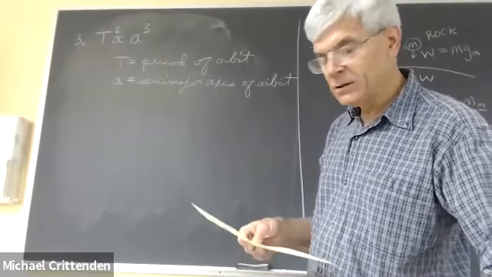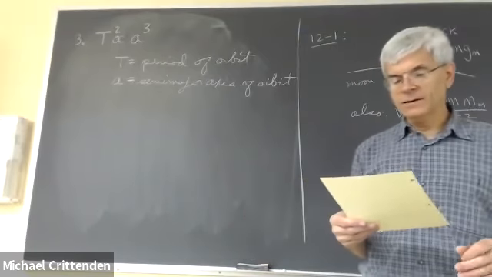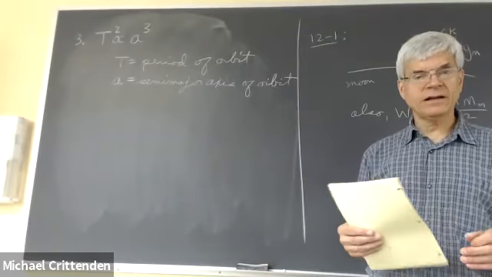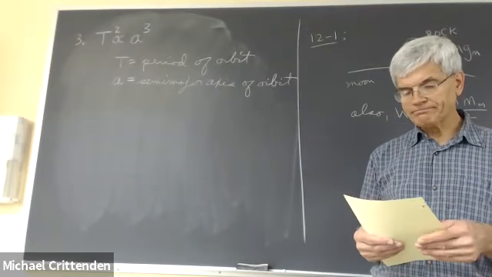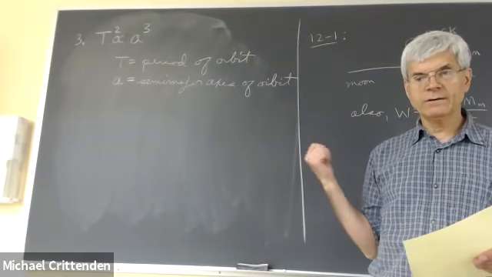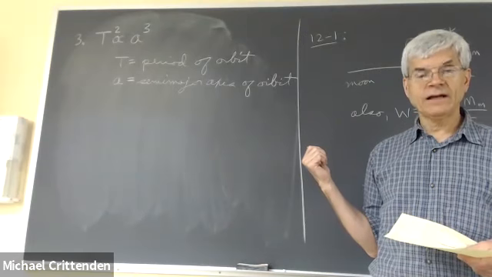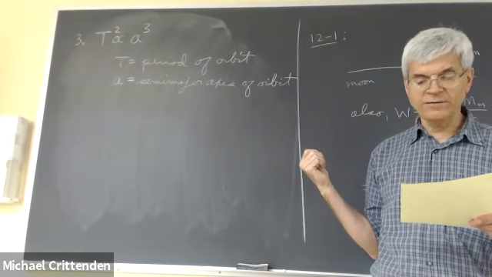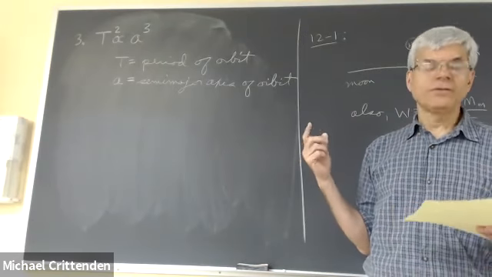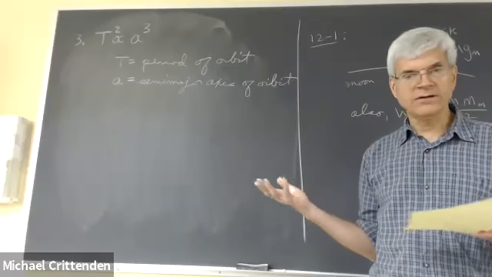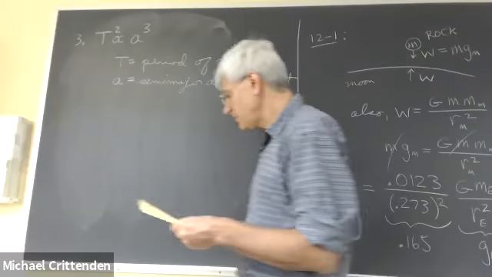I'm not going to go into a great deal of detail, but just to give you an idea, I'm going to write out how to derive Kepler's third law. It's only a few lines, if you assume the special case of a perfectly circular orbit and a few things like that.